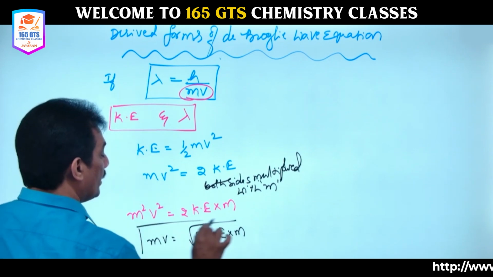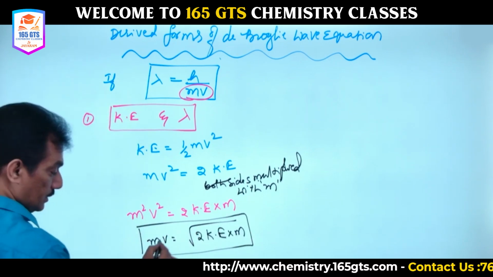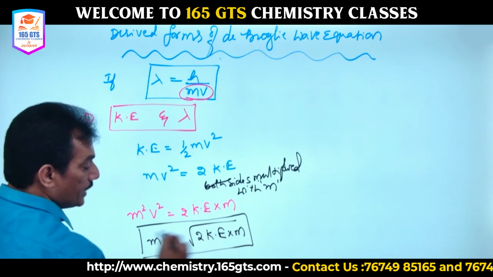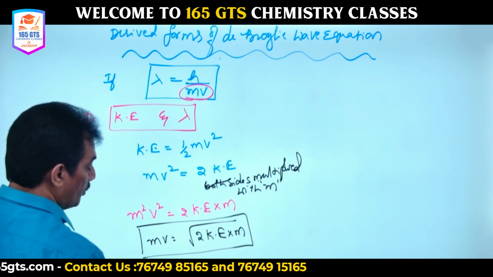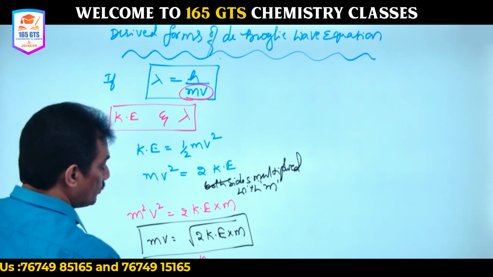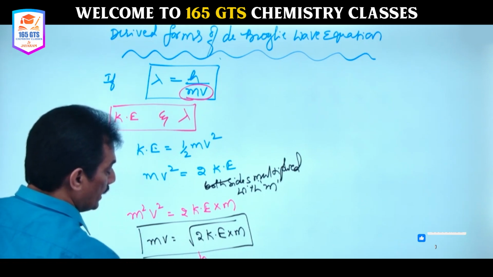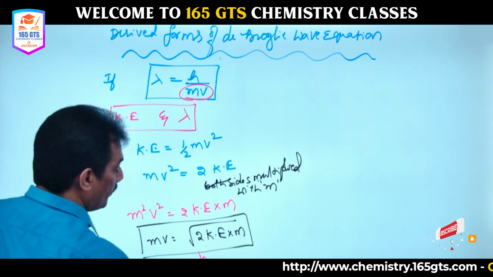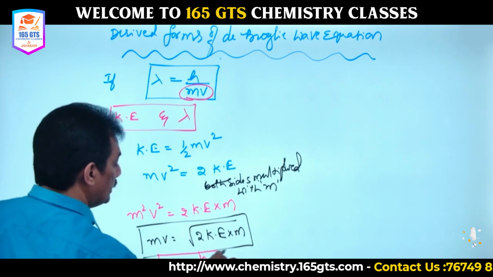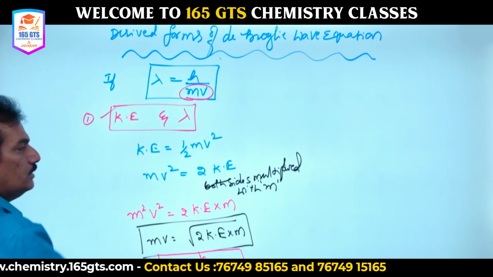So instead of mv, now we can write under root 2 KEm. Hence, here we are getting lambda is equal to h by under root 2 KE into m. This is the relation between wavelength and kinetic energy, one derived form.